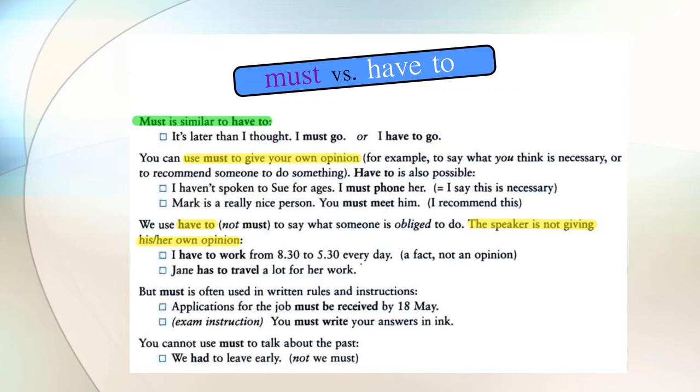We use have to, not must, to say what someone is obliged to do. The speaker is not giving his or her own opinion.